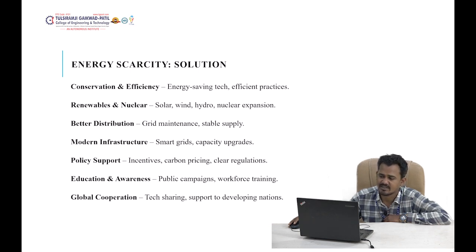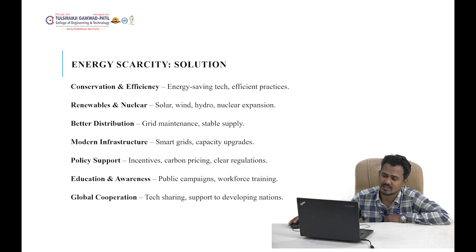Second, we will move towards renewable and nuclear energy sources, as these are available in abundant form. Renewable sources are available free of cost, and nuclear has a huge capacity to generate electricity.